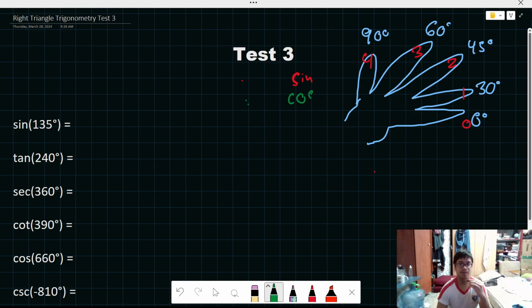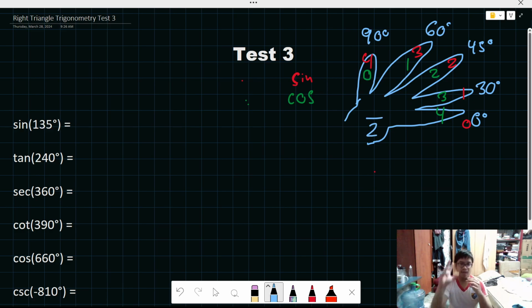For cosine, it's similar to the sine, 0, 1, 2, 3, 4, but instead you count from 0 to 4 starting at the thumb. So this is 0, 1, 2, 3, and 4. I hope you guys follow. And then, of course, on the thumb, you will have a denominator of 2. On the palm, you will have a denominator of 2.